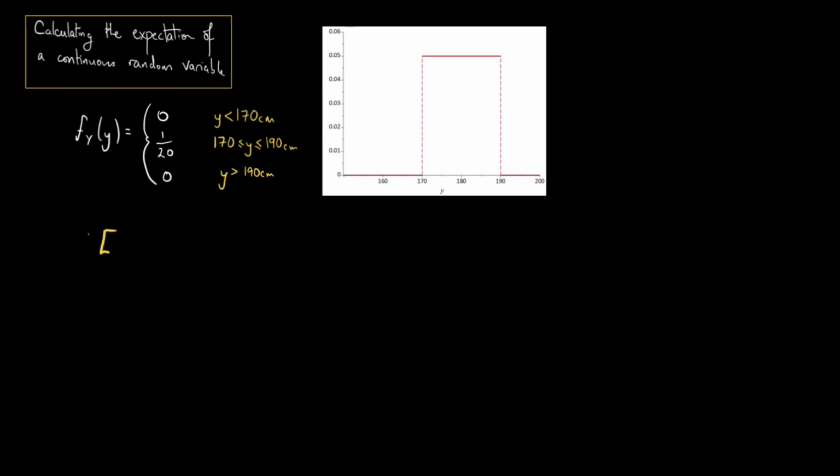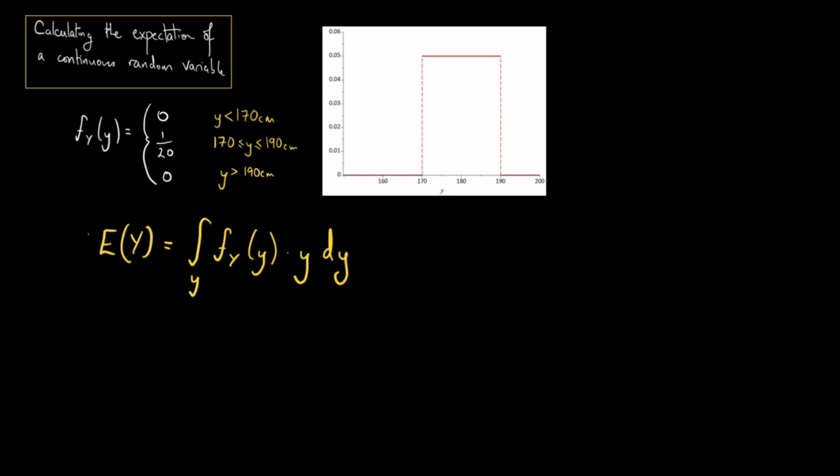So in this case, the expectation of Y, or the average height within the population, is going to be equal to the integral over all possible values of y of our probability density function times each of the possible outcomes of y, and we integrate with respect to y.